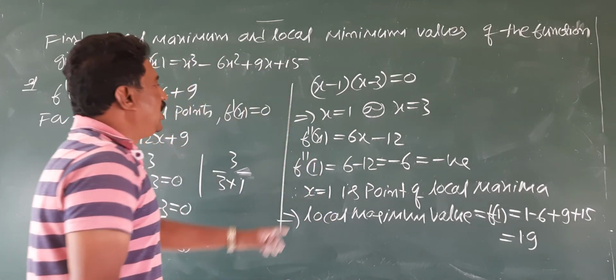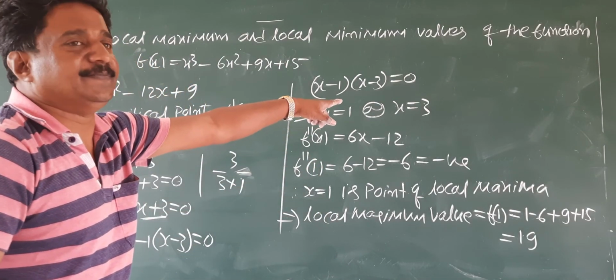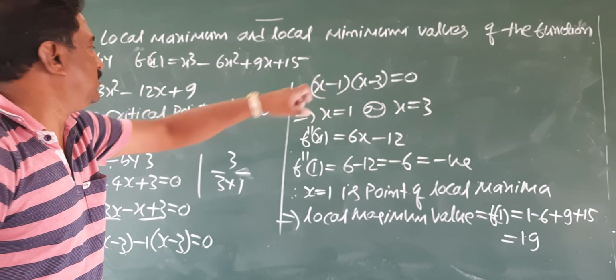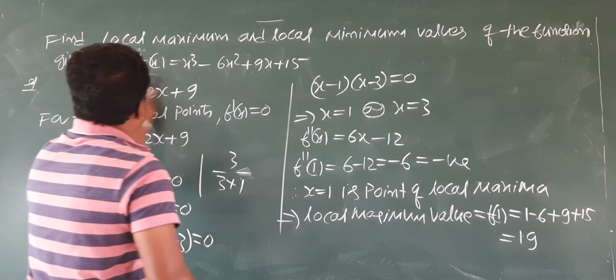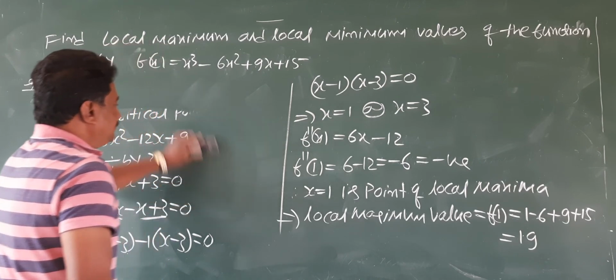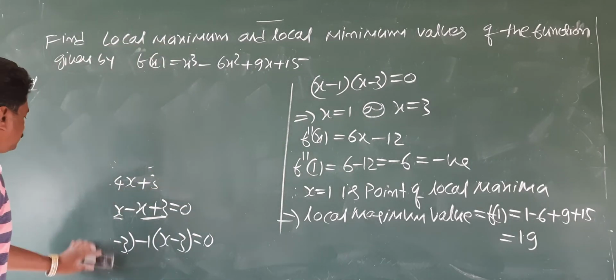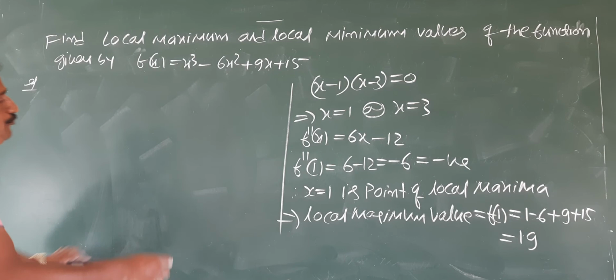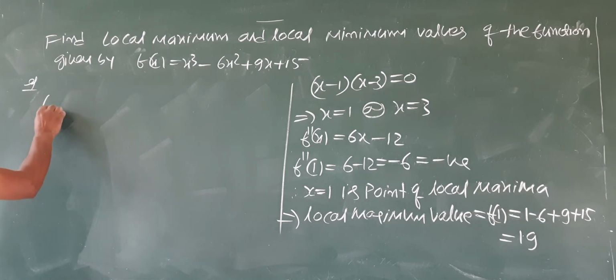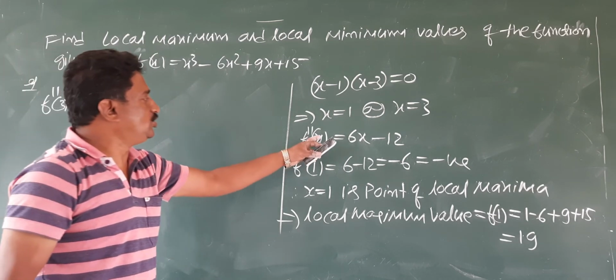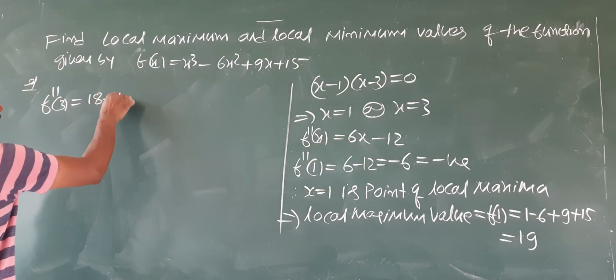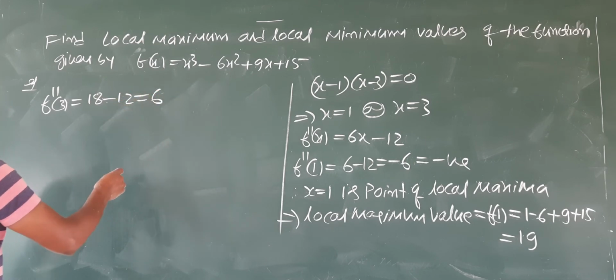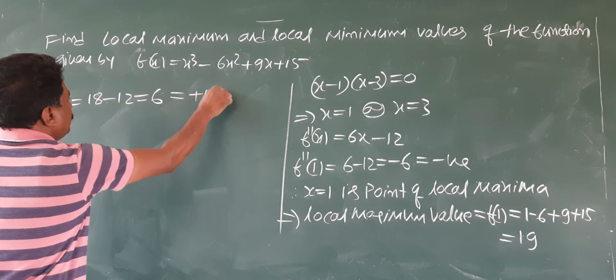Next, we have one more point to be checked, that is x equals 3. f''(3): put x is equal to 3, students. 6 3s are 18, 18 minus 12 is 6, so positive.